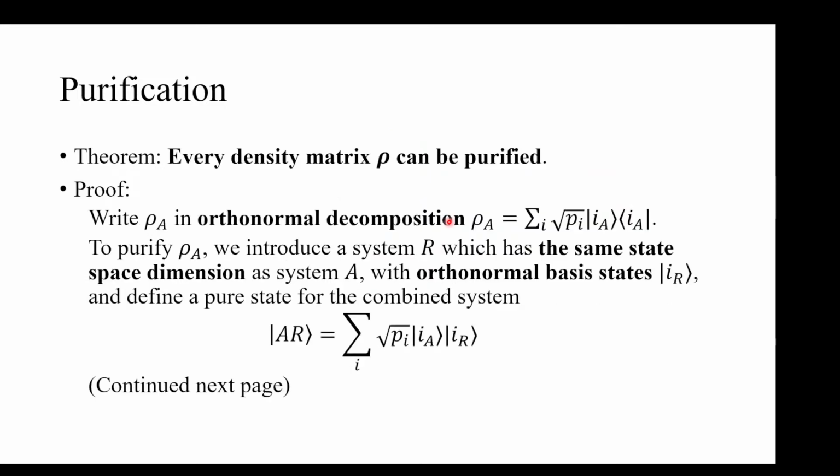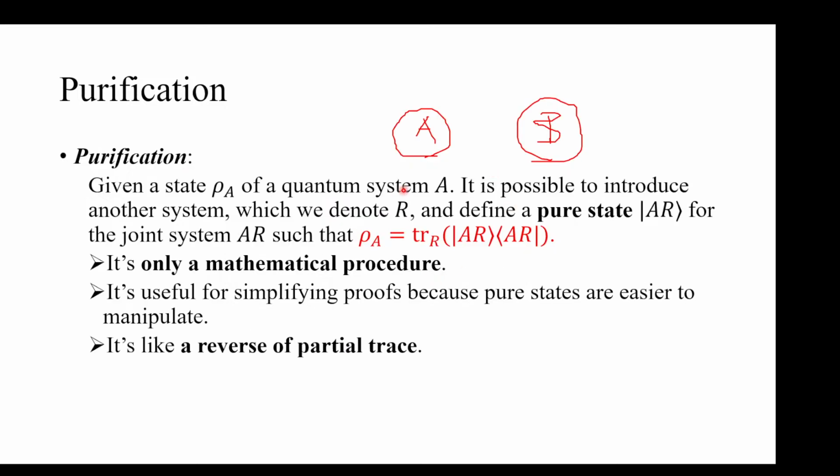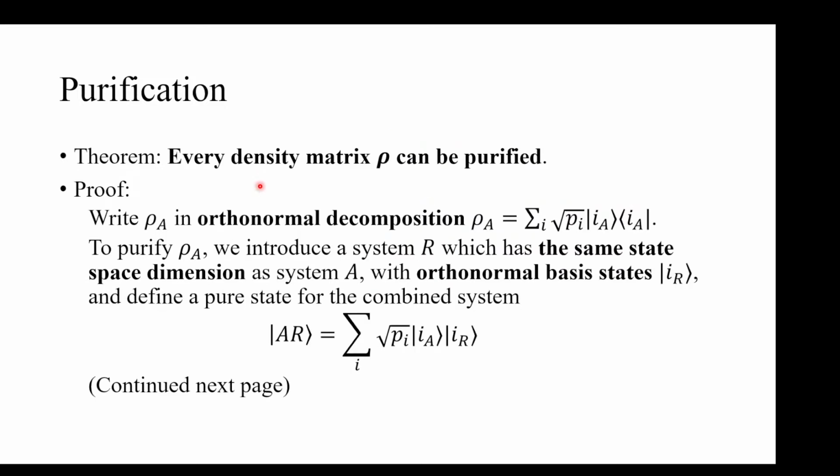Okay, so that's purification. The theorem that we assume is true is that every density matrix rho can be purified. Whatever the system A and whatever the density matrix rho A, you can always find an AR such that trace R of AR equals rho A. This is a theorem, and the proof is pretty straightforward.